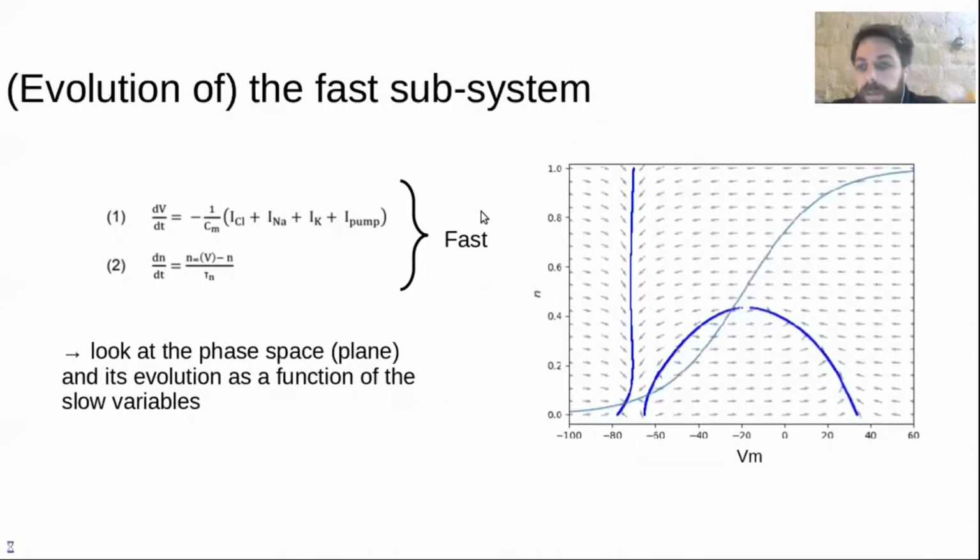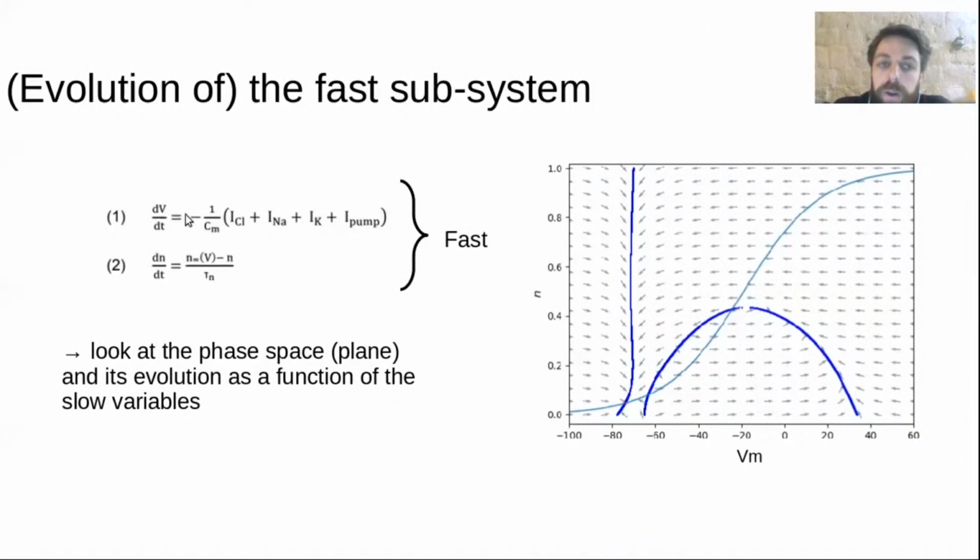From this system, we can study separately the slow and the fast part of the system. So here, if we look more in detail at the fast system, we can look at the phase plane where we have these 2 equations.